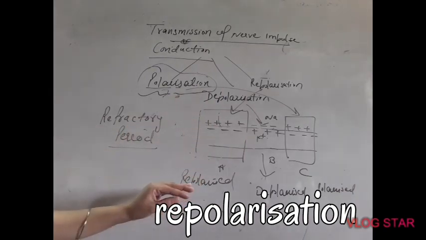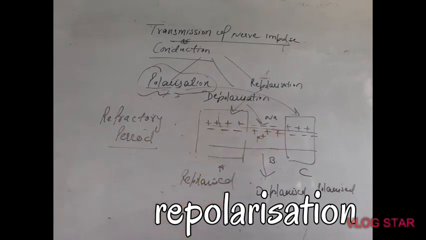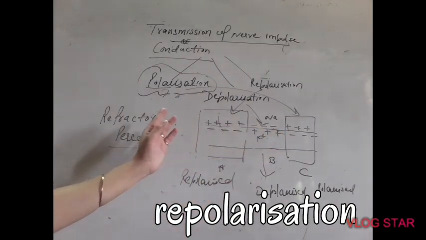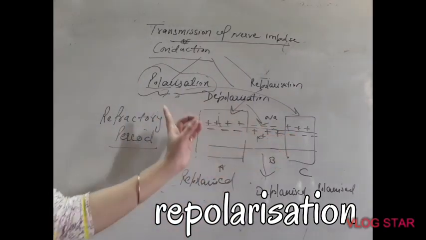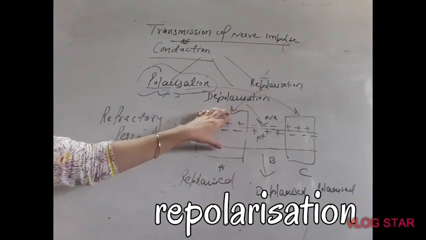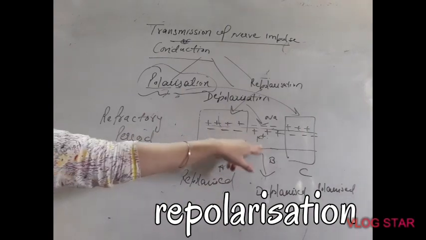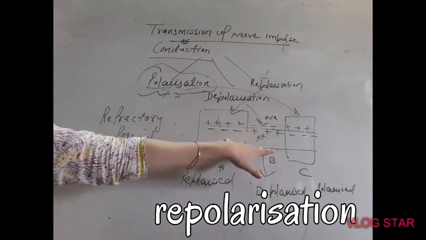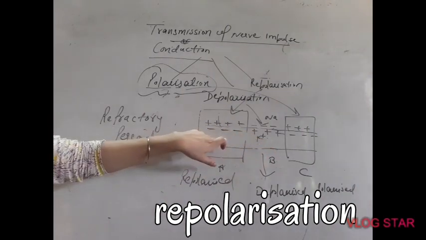This is also necessary for the unidirectional flow of the impulse. We have studied that the impulse always travels in one direction. This is only possible if the previous area becomes repolarized. If this area is depolarized, the previous area will become repolarized, so the impulse cannot go back.